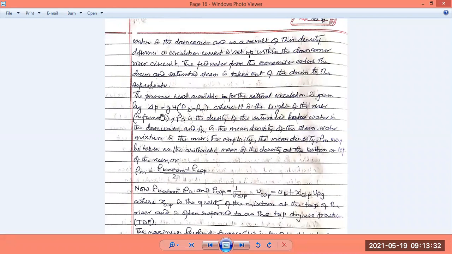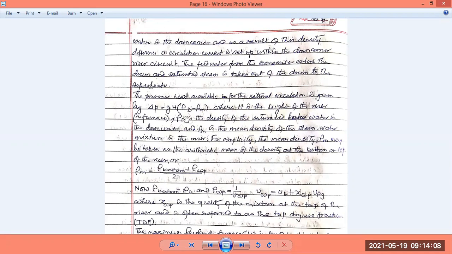So what we are getting here is that natural circulation requires a pressure difference for the movement of the fluid, and it is given by this formula. It is g, the acceleration due to gravity, multiplied by the height, which is the height of the riser, and multiplied by rho_D, the density of saturated water in the downcomer, which is coming down, minus rho_M, the mean density of the water and steam mixture in the riser itself.